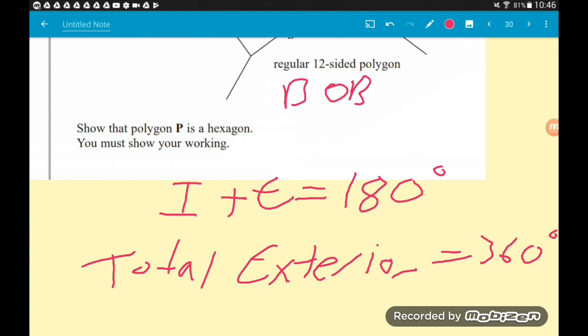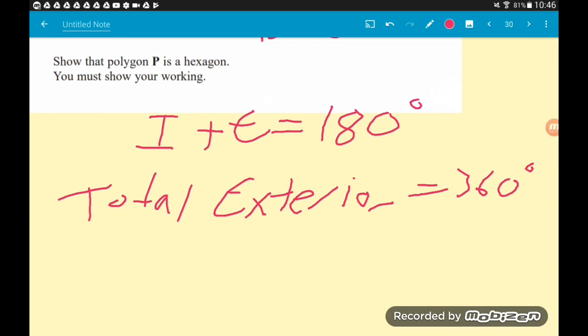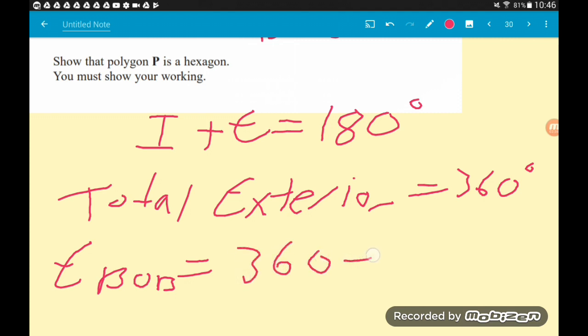So, using this information, we can first of all work out the size of the exterior angle of Bob. So Bob has 12 sides, so to work out his exterior angle, we're going to do 360 divided by 12, which gives us 30 degrees.